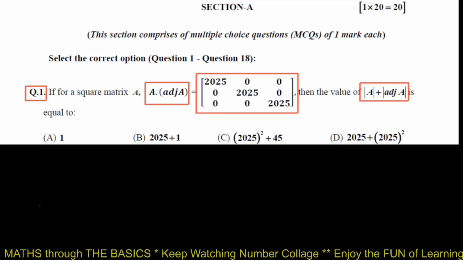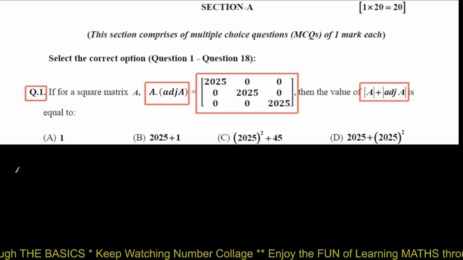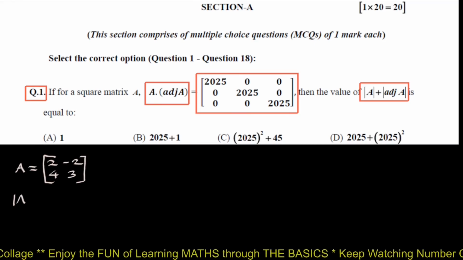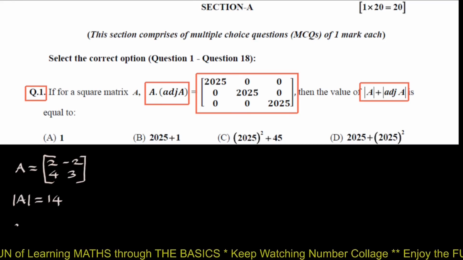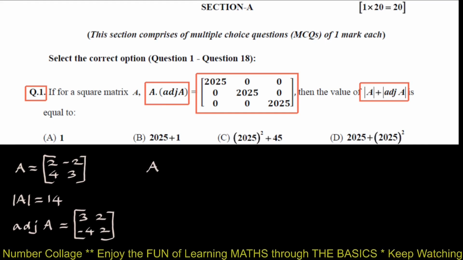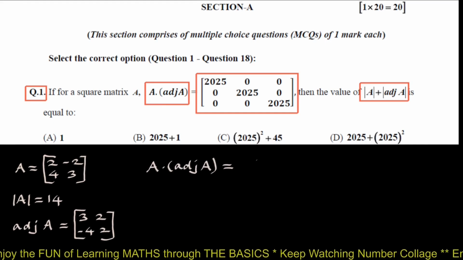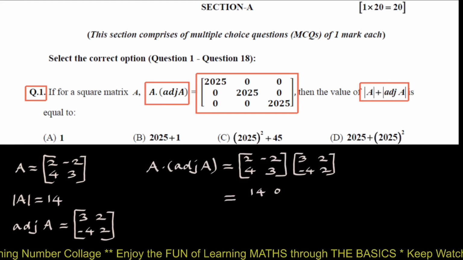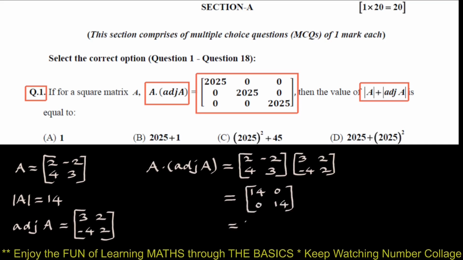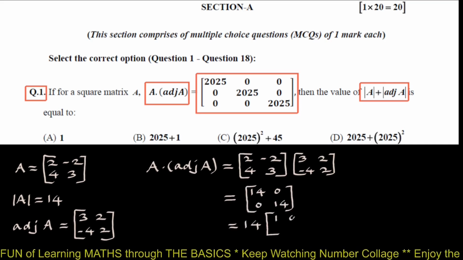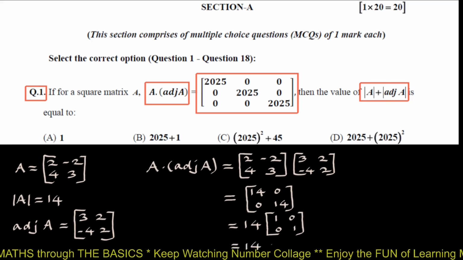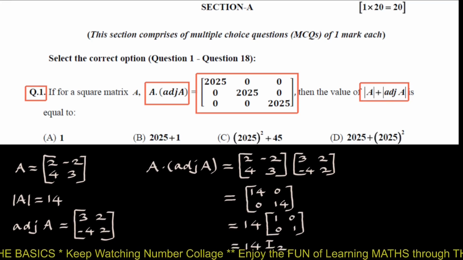There is another result that we need to know. We have A equals this, and determinant of A 14, adjoint of A is this. Now A into adjoint A gives 14 0 0 14, which is 14 into 1 0 0 1, 14 into unit matrix of order 2.